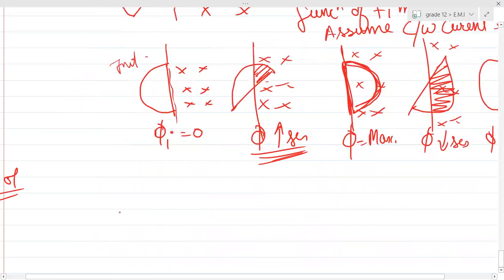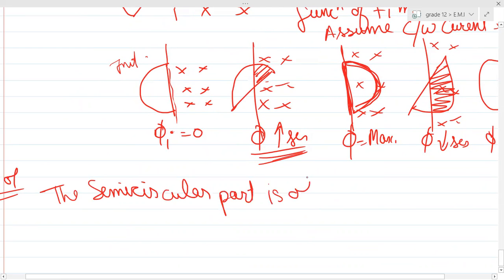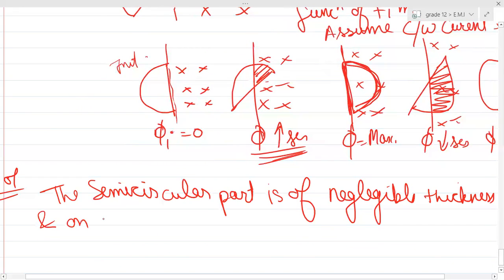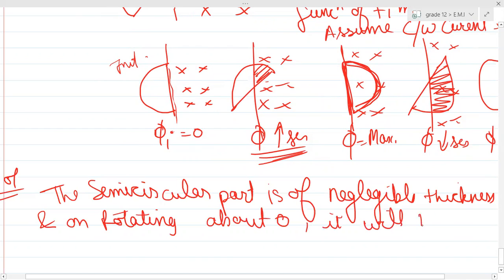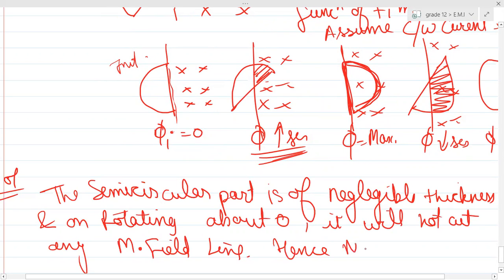Even if it's a loop, since the semicircular part is of negligible thickness, and on rotating about O, it will not cut any magnetic field line. Hence, no EMF is produced in it.